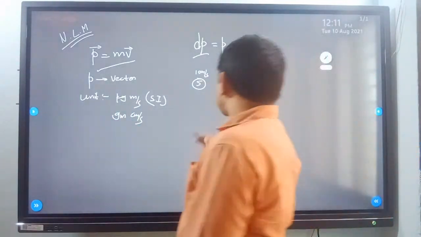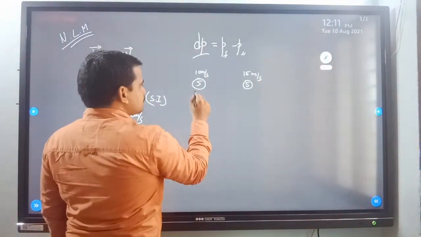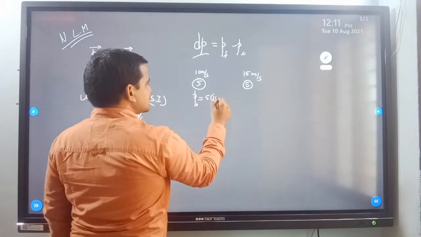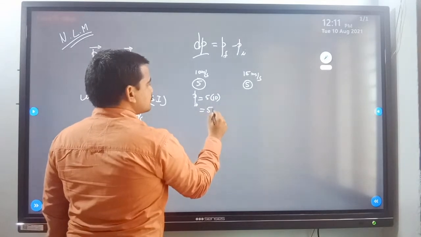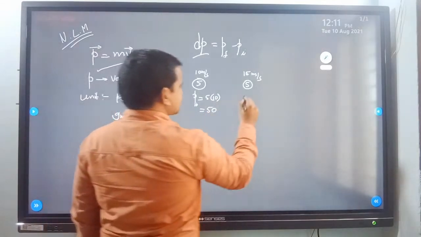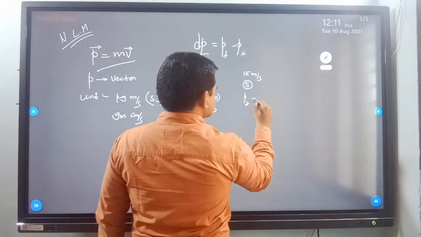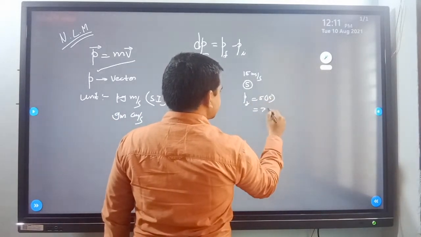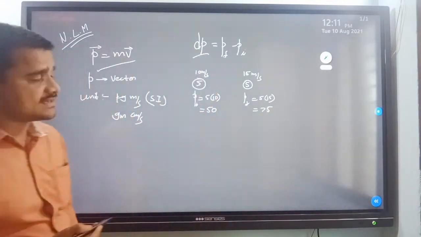Understood here? So in this situation, the initial momentum is 5 into 10, which is 50. The final momentum is 5 into 15, which is 75.